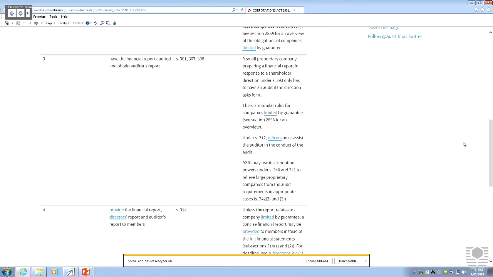Consolidated revenue of 25 million, gross assets of 12.5 million, and less than 50 full-time employees. If you satisfy fewer than 2 of these requirements, it will be a small proprietary company. If you satisfy at least 2 of these requirements, it will be a large proprietary company.